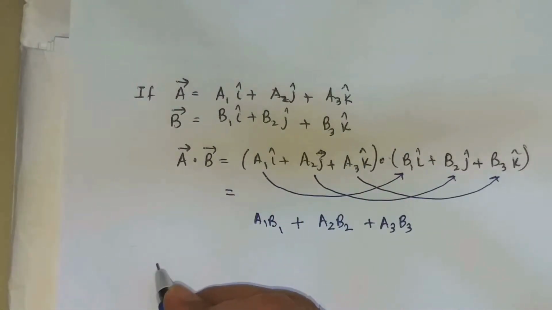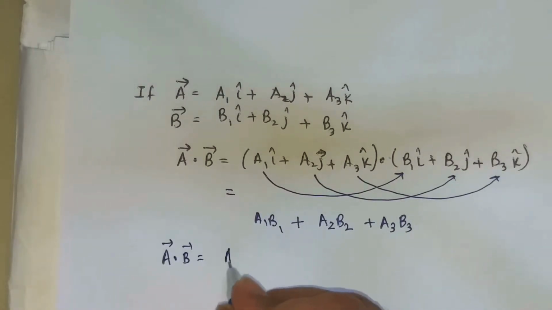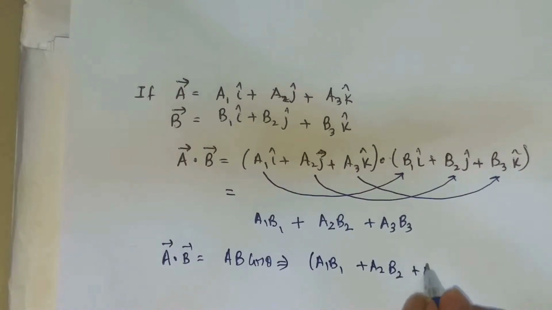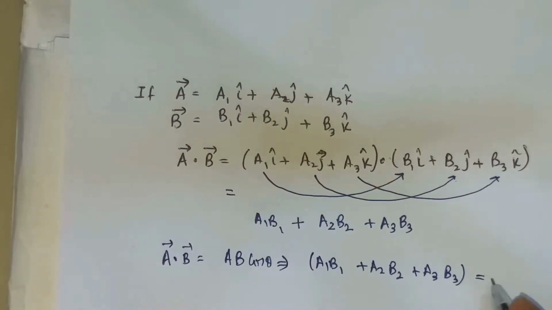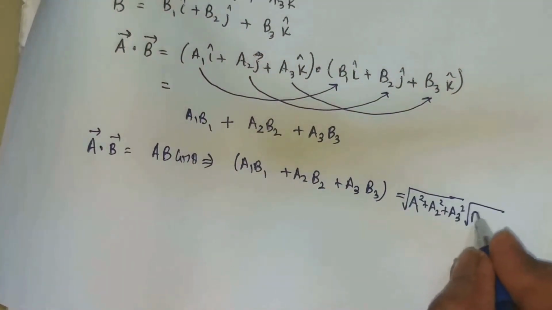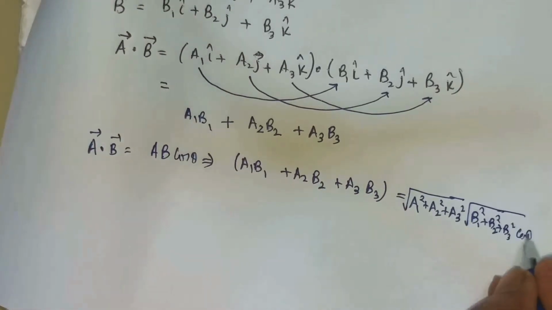Further, you may be asked to find theta or cos theta. As A dot B is equal to AB cos theta, and A dot B, as we have just seen, is a1 b1 plus a2 b2 plus a3 b3, and magnitude of A is root over a1 square plus a2 square plus a3 square, and magnitude of B is root over b1 square plus b2 square plus b3 square, into cos theta.